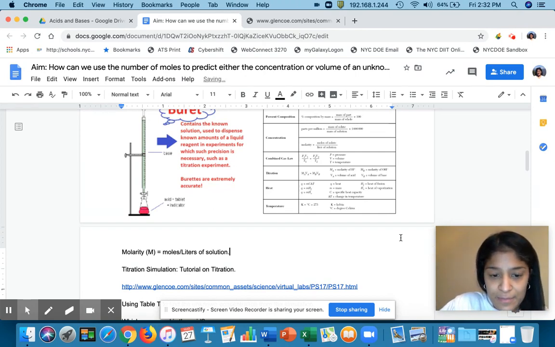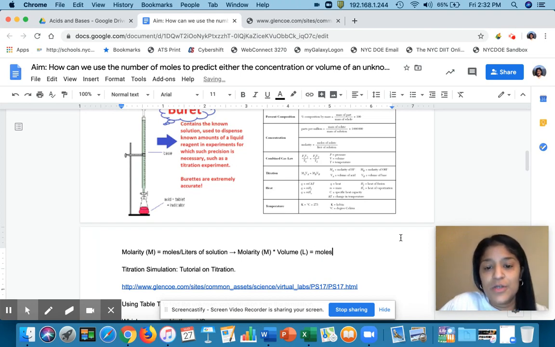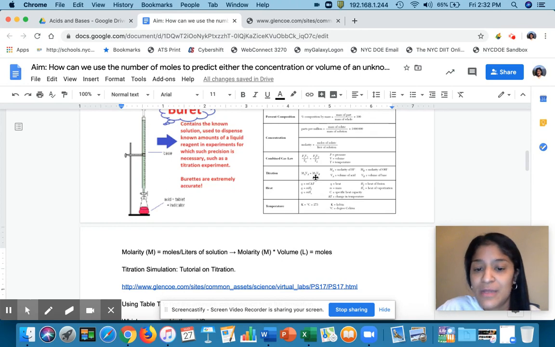If we rearrange the formula, molarity times the volume in liters gives us moles. So basically, in the titration, when we get the molarity times the volume of the acid, we're really calculating the moles of the acid. And when we do the molarity times the volume of the base, we're really calculating the moles of the base.